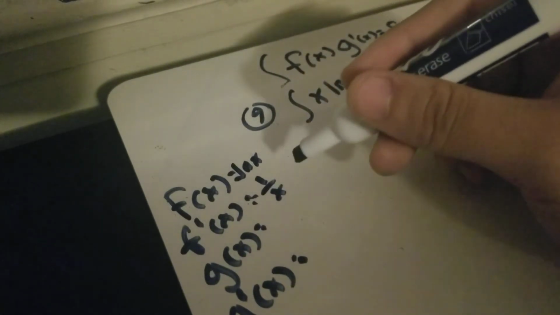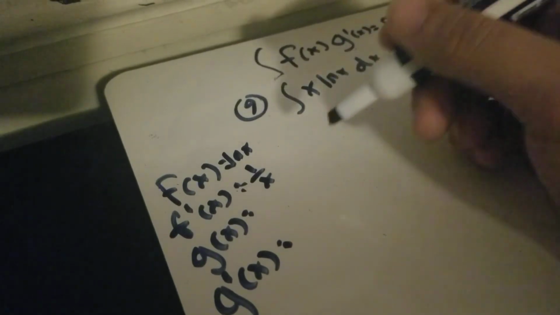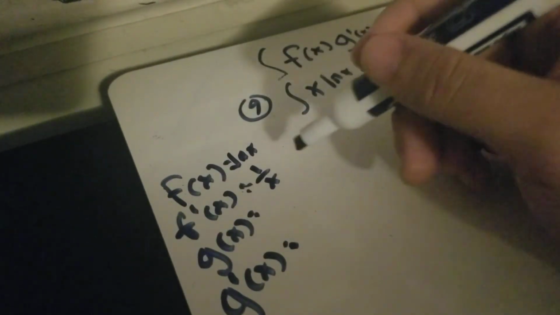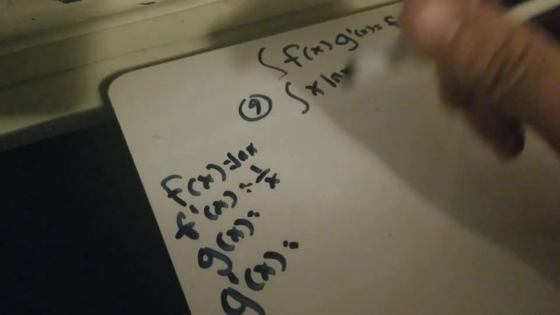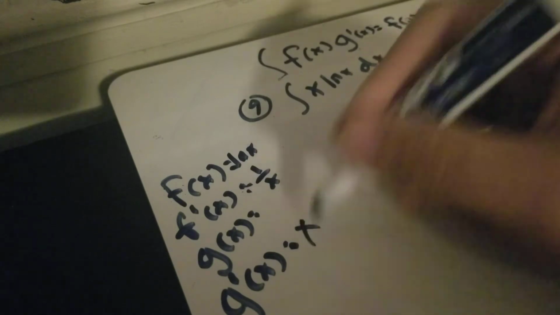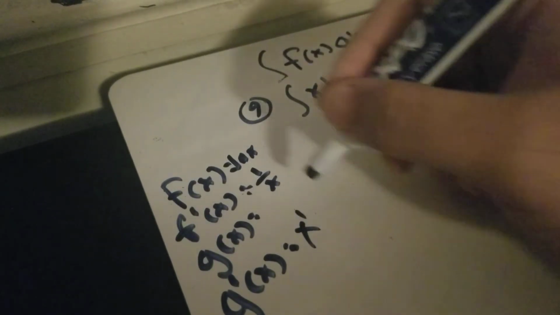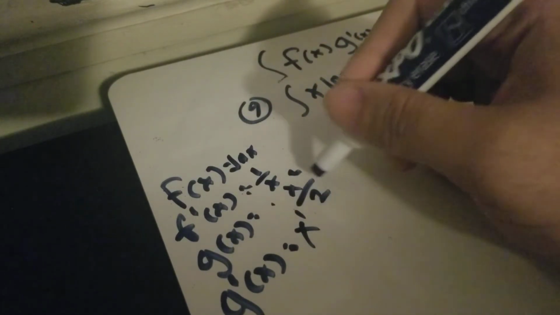It doesn't reduce it all the way to a constant, but it's a lot less ugly for this to be f of x versus it being g of x. Well, if this is x, then I have to do the antiderivative, so that's x to the 1 power. I add 1 to the power, so that's x to the 2nd power. And then I have to divide by the new one, which is 2.